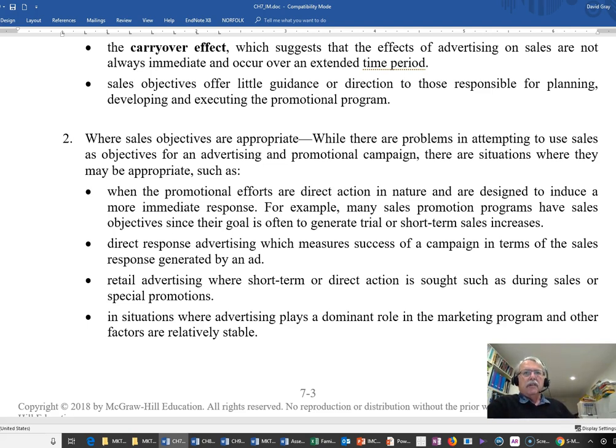But these are very specific circumstances. It may be that you're running a promotional program or an IMC program to increase brand awareness, or to focus on a particular policy or government lobbying position, which may only be indirectly related to sales.